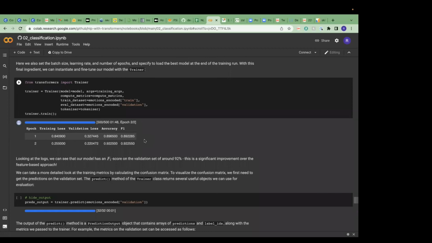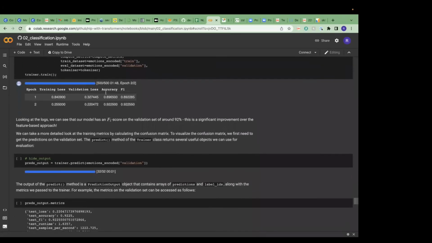It comes at the cost of computation, of course. So you could do the feature extraction and train the classifier all on the CPU, whereas because you're backpropagating and fine-tuning through the whole transformer, that would require a GPU in a lot of cases.